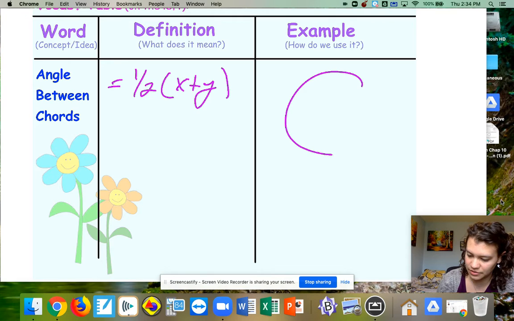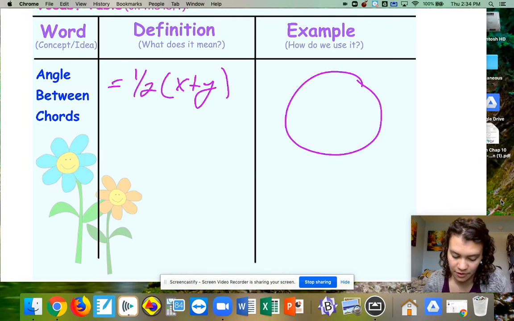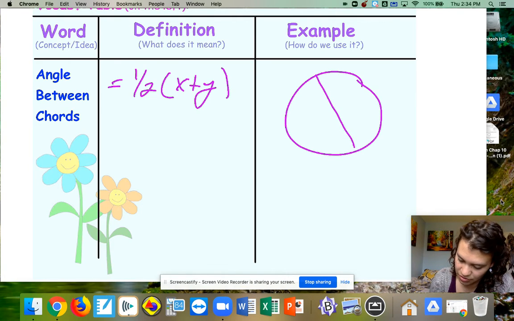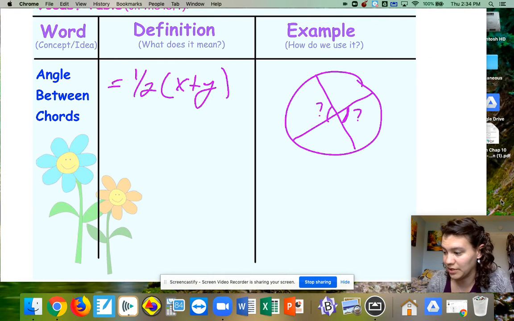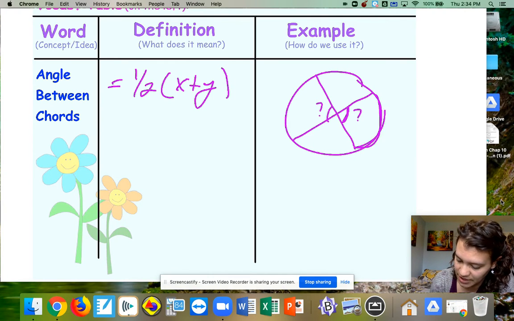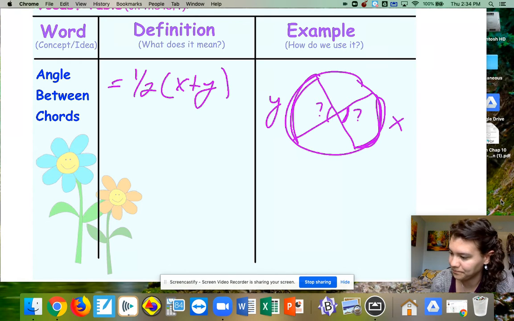So on a circle, if we want the angle between two chords, here's chord number 1, here's chord number 2, and we want to figure out what this angle is. And those two are going to be the same, but we have to figure out what they are. We'll say this is x and this is y.